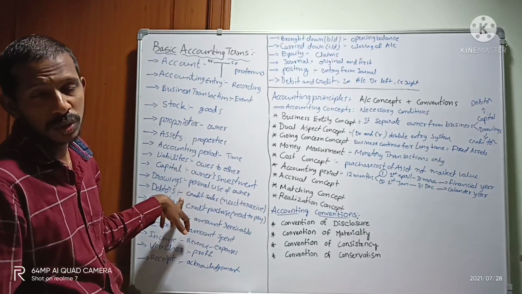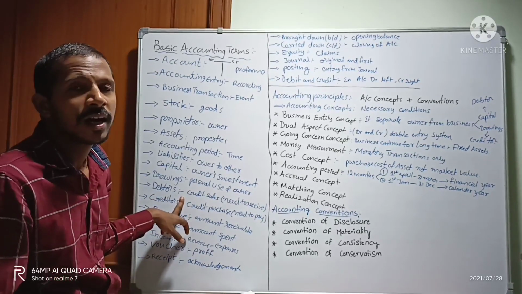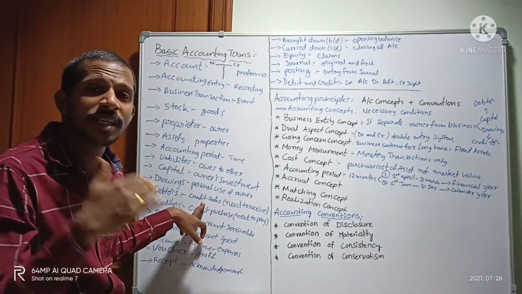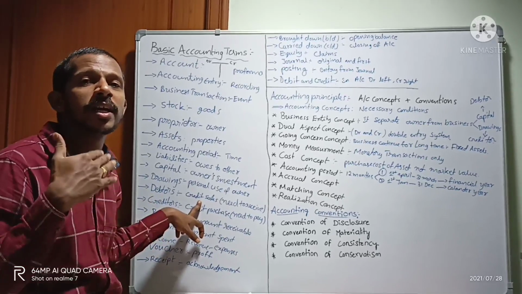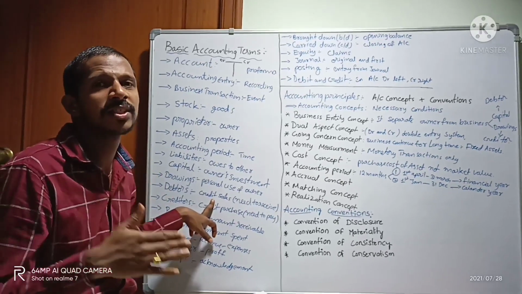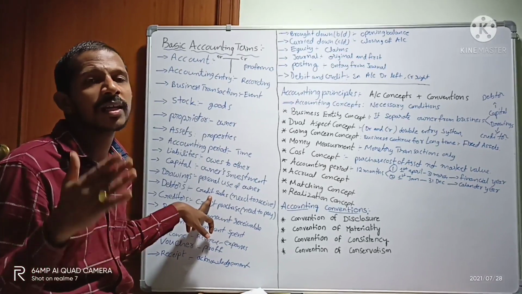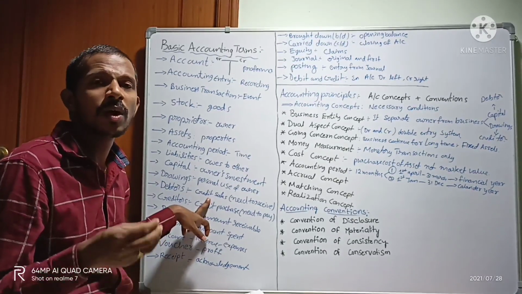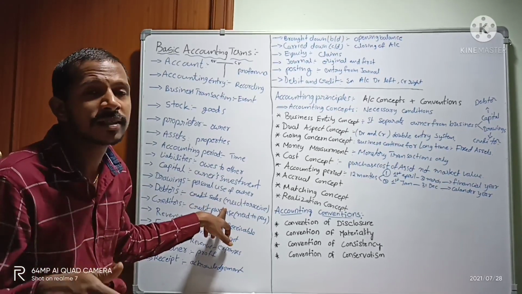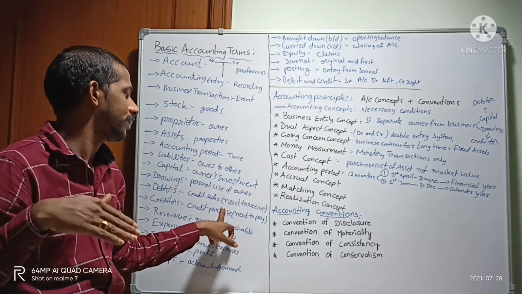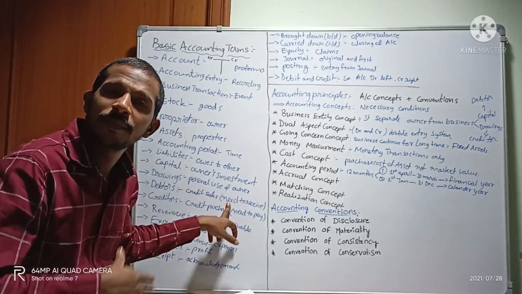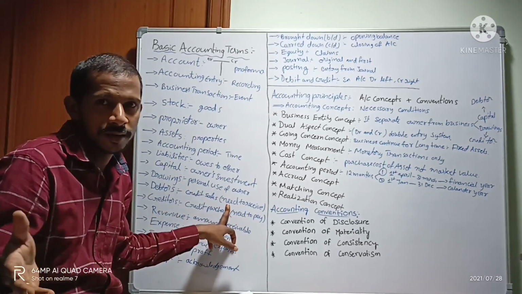And debtors, you should understand what a debtor is. Debtors means credit sales. When the business is selling goods on credit, when there is no cash, cashless sales. Without paying anything, if they are getting the benefit, they are the debtors. They need to pay, which means we need to receive money from some people.